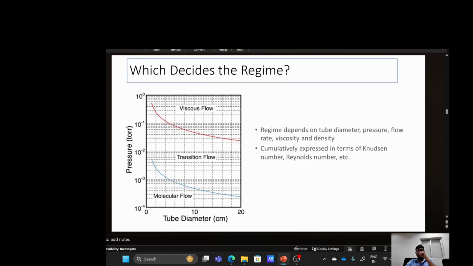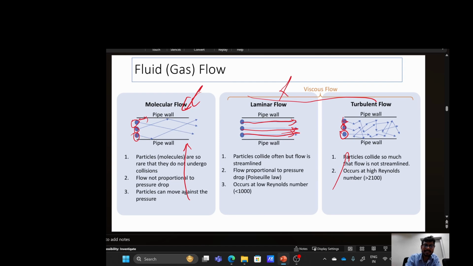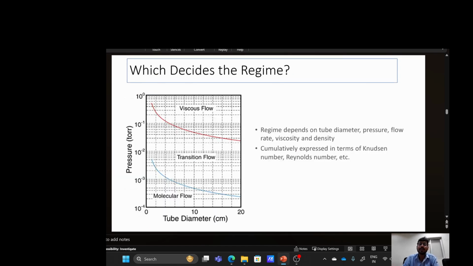Okay, so which things actually decide the regime? This is the viscous flow and this is the molecular flow at very low pressure. One thing that decides in which regime the fluid is flowing is the pressure. Another thing is the diameter of the tube. If the diameter is larger, the flow will be more towards the molecular kind.